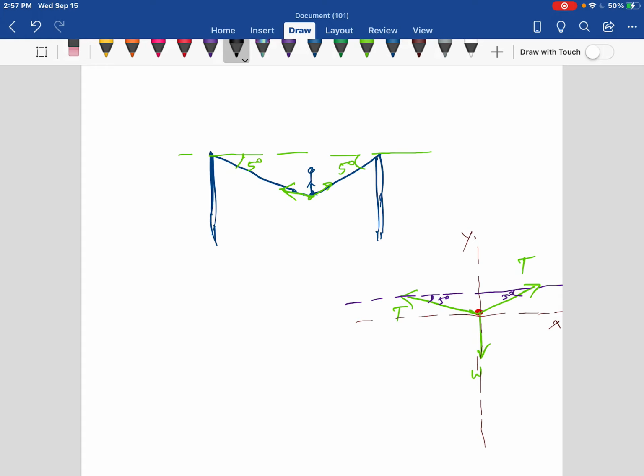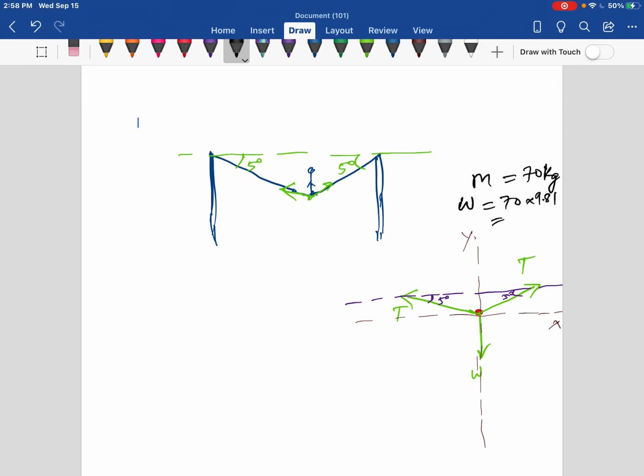Now, again, we have tension over here. Do we have the weight or the mass of the person? Yes, 70 kilograms is the mass. So the weight would just be 70 multiplied by 9.81 meters per second squared.